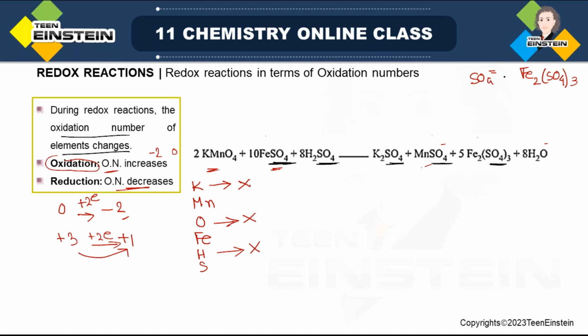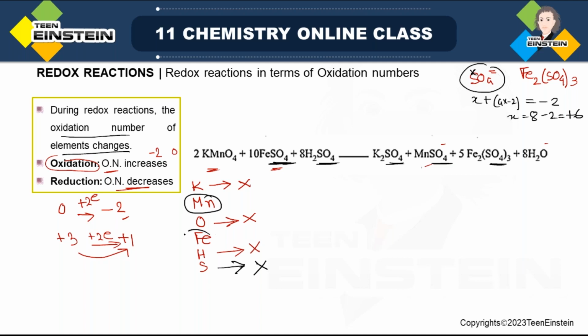Whenever it is in sulfate form, just focus on this anion. Total negative charge -2. Suppose sulfur is X. Total negative charge coming from oxygen is 4 into -2. So X is always 8 minus 2, that is +6. So whenever you have any sulfate salt, whether it is K2SO4, MnSO4, FeSO4, Fe2(SO4)3, whatever it is, it is always +6. So for sulfur also, there is no change in oxidation number.